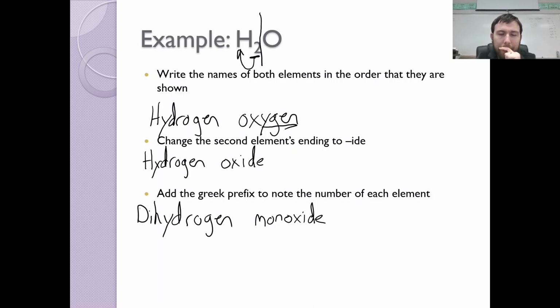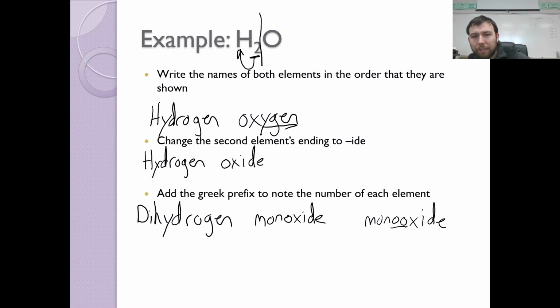Now you might be thinking to yourselves, Mr. Kenton, the prefix is mono, and you just wrote monoxide. So when you run into this situation where you would have 2 vowels, for example, like with this, if I were to write it as it would be spelled, it would be mono-oxide, right?